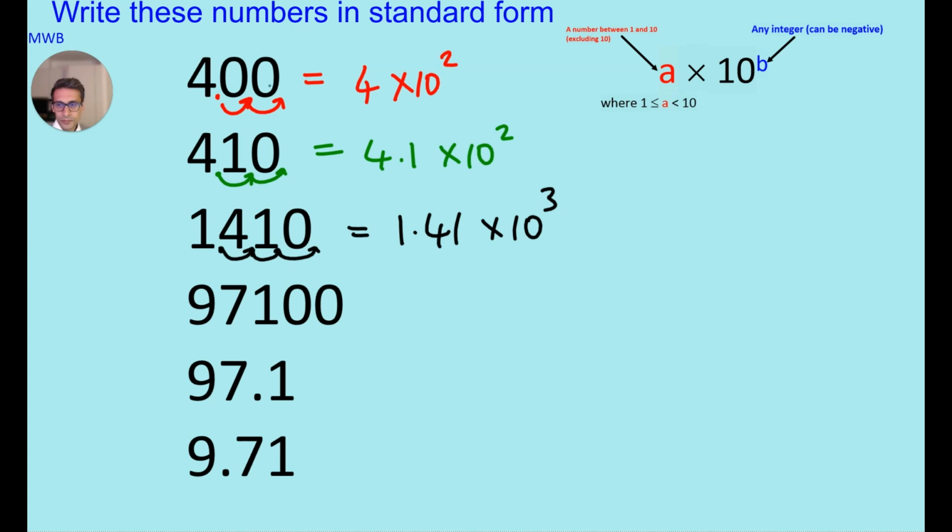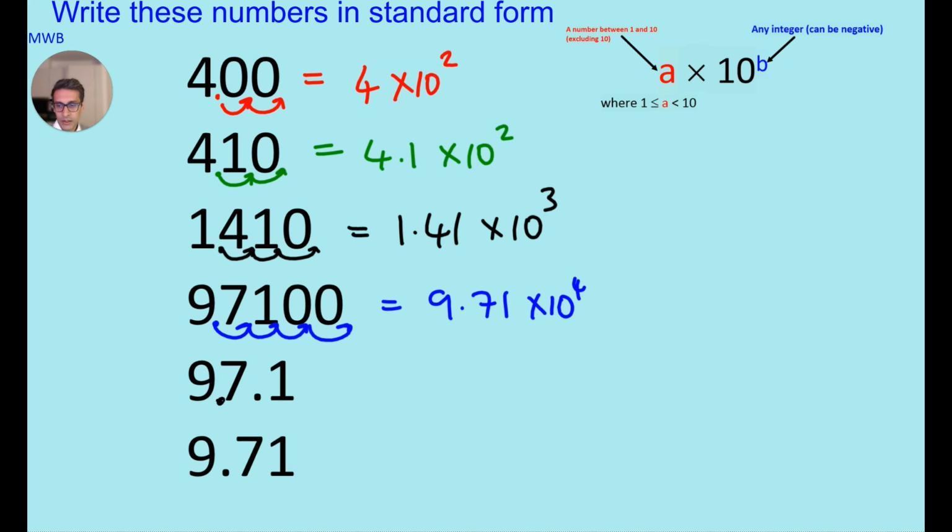The next one, we know that the decimal should be here, 9.71, and it's moved 1, 2, 3, 4 places. So this will be 9.71 times 10 to the power 4. Now where would the decimal go here to make it a number between 1 and 10?